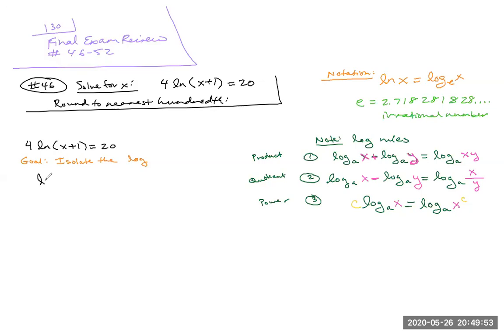So we have ln x plus 1. That's going to equal 20 divided by 4. So that means ln x plus 1 is equal to 5. Okay, so we just simplified right here.